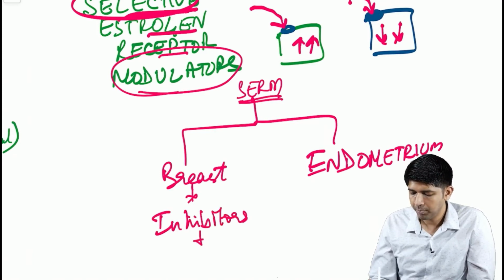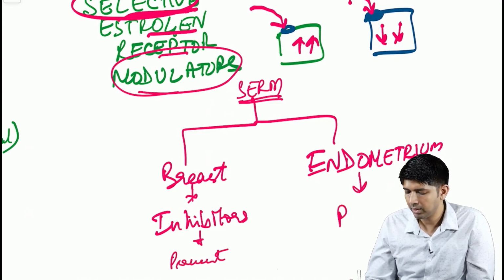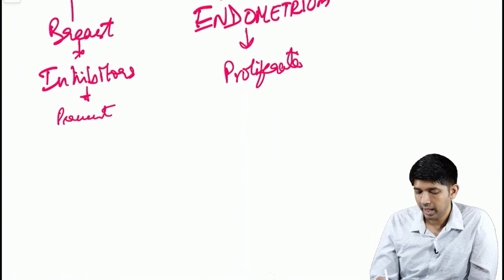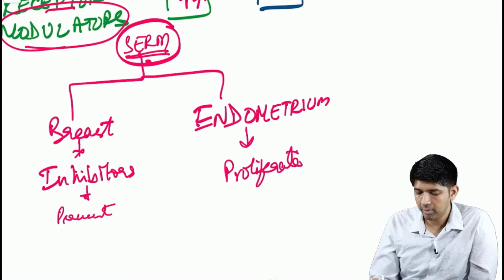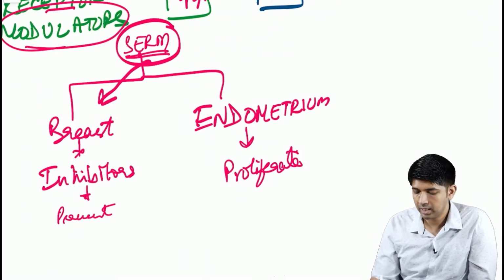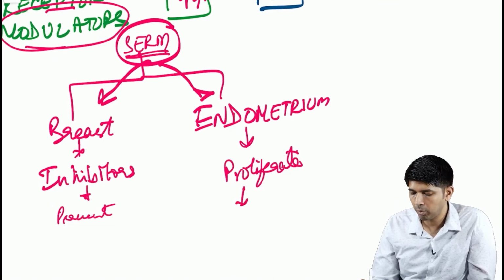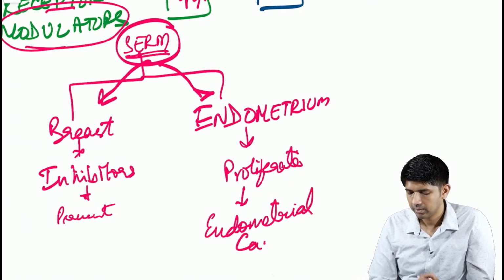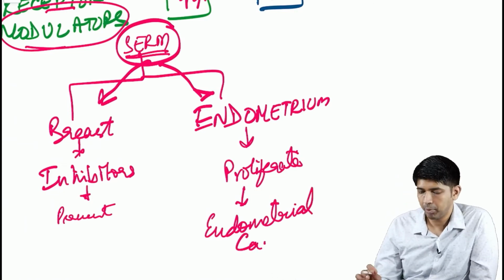Okay, so they prevent growth, whereas in the endometrium they promote growth. Now, why is this important? You think you are giving a SERM to treat breast cancer, but at the same time you are exposing the patient to endometrial carcinoma because you are proliferating the endometrium. So that is why this is very important.